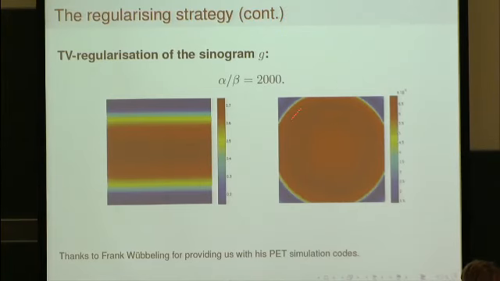So this is what you get in image space. You see that your edges here are actually very well defined, also in object space. By enhancing your edges in the sinogram, you're actually enhancing your edges in the object space.